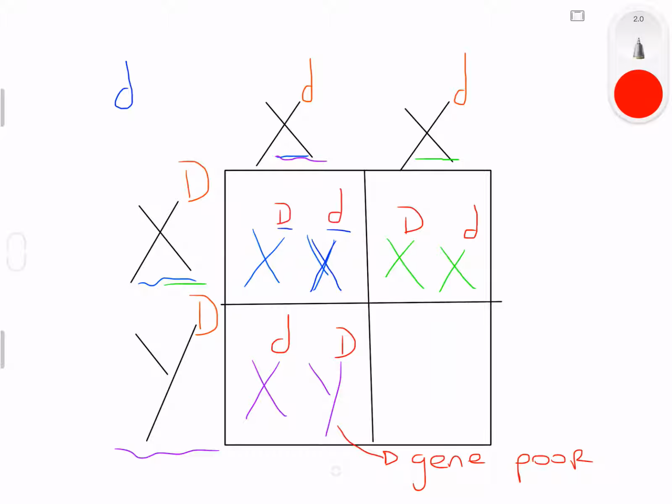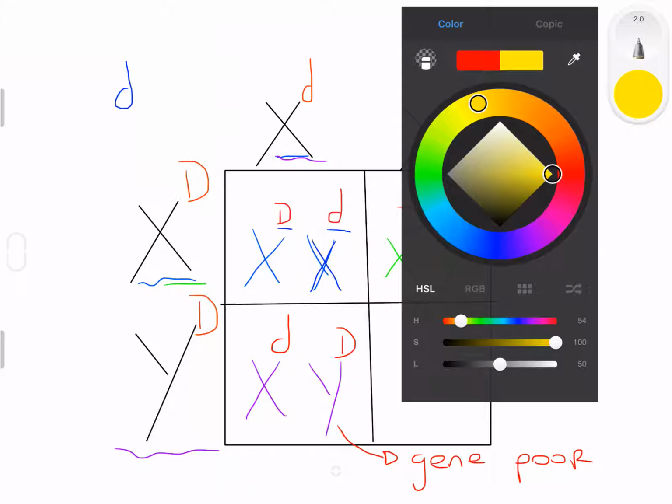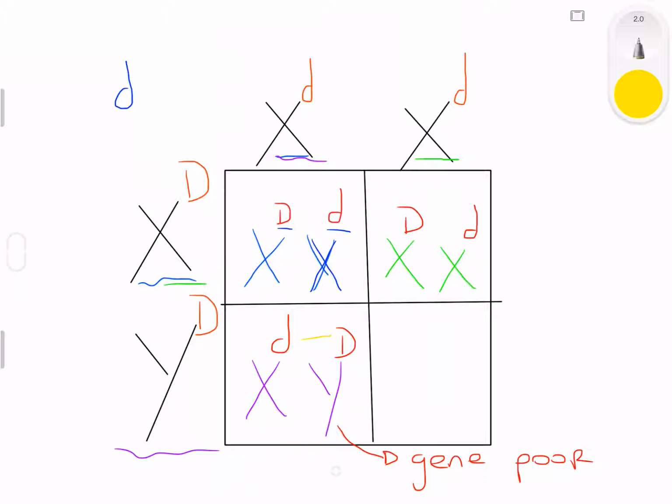That actually means that it doesn't matter what the father has to contribute with this Y chromosome. This Y chromosome will never be strong enough to overpower this recessive allele. So it doesn't even matter that it's there.